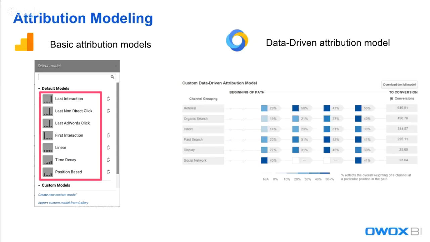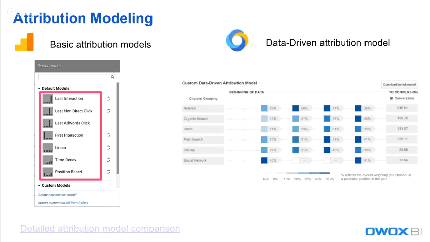As well, you can use this data to influence your marketing spend or to identify some areas where you can generate more conversions, for example. What I can add here is that not all our GA360 clients use the data-driven attribution model.